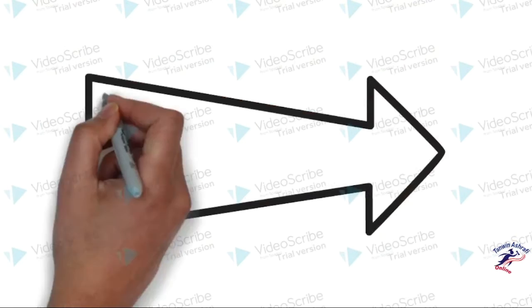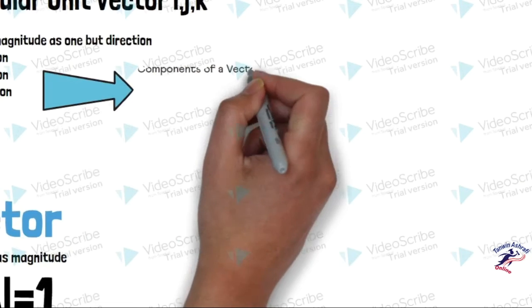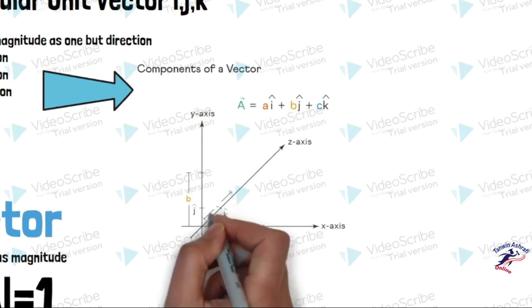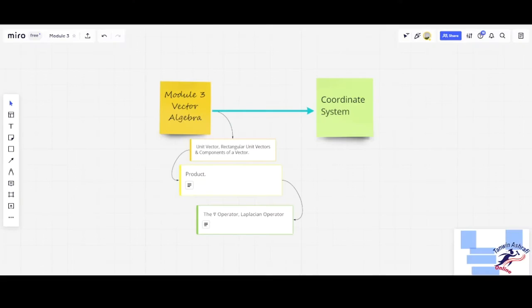That leads us to the components of a vector. If a vector A has components A, B, C in x, y, z.